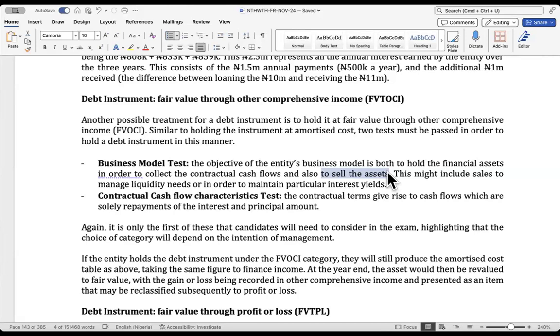For fair value through OCI, the way you want to make money is, in addition to collecting interest and principal, which I call contractual cash flows here, you can also sell. So when the examiner tells you that this guy is ready to sell if he sees an opportunity for higher yield, then you know that you should classify that debt investment or instrument at fair value through OCI.